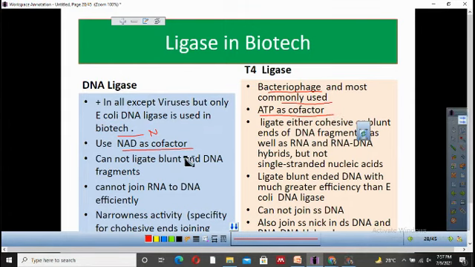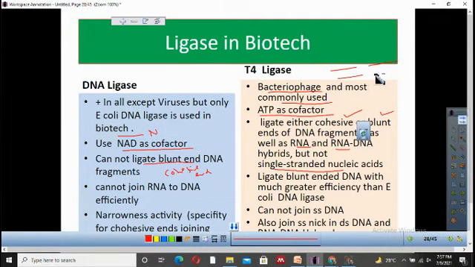When it comes to ligation, it cannot ligate blunt end DNA. It is only ligating the cohesive end DNA. But here it can ligate both cohesive as well as blunt ends of the DNA fragment, as well as the RNA-DNA hybrids, but not single stranded nucleic acid. Single stranded nucleic acid, if it has to be ligated, it cannot ligate it.